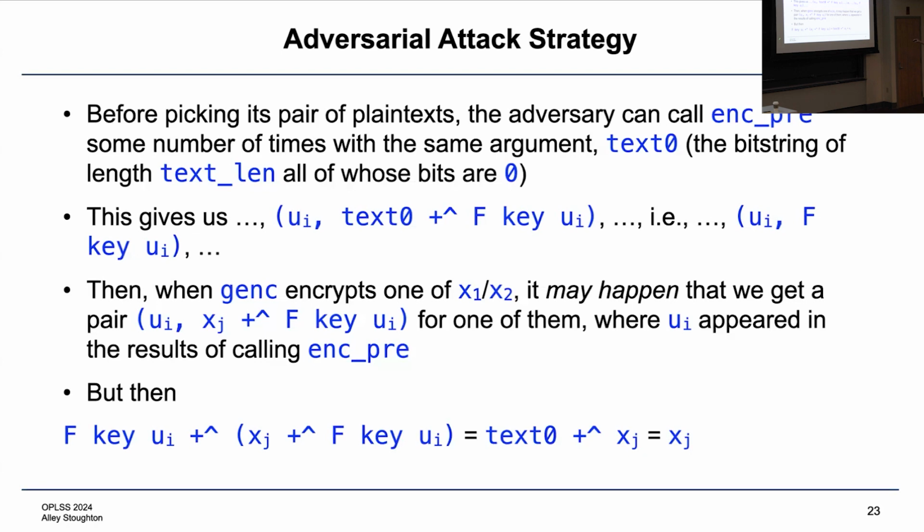The Ui's happen to collide, these cancel out, and we recover the xj, and so we can figure out whether that's x1 or x2 and whether we should return true or false. So if we're lucky, in our experimentation with enc_pre, we just happen to get one of the ciphertexts have the left side be the same left side that happened randomly to be created when the game did the encryption.